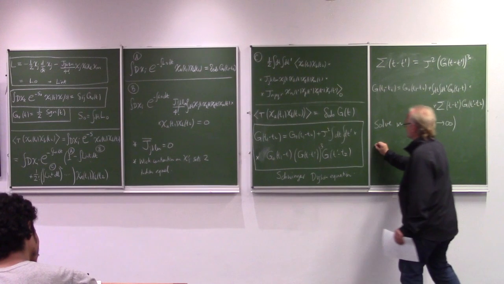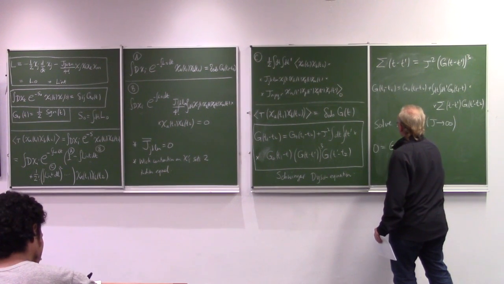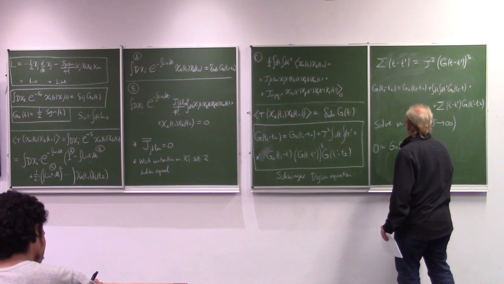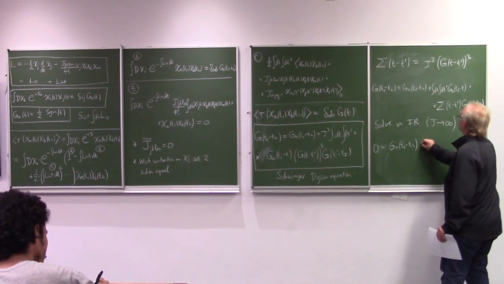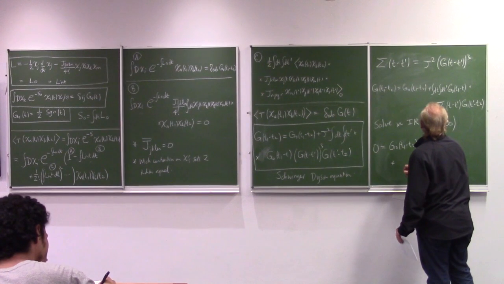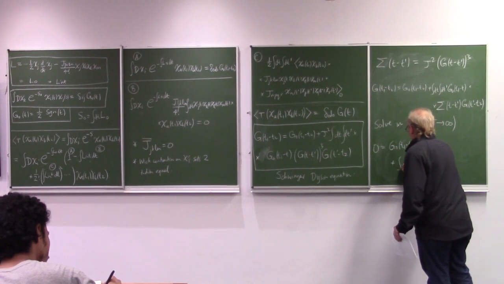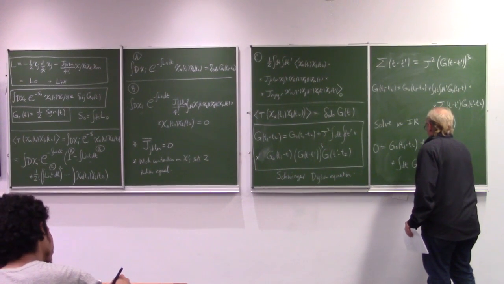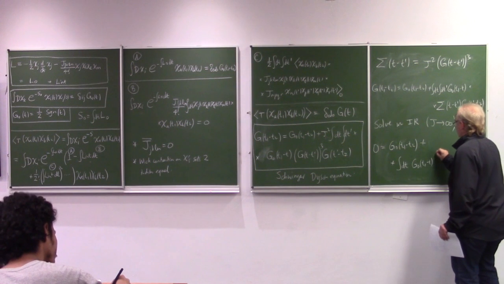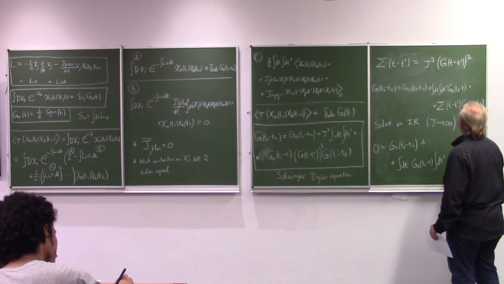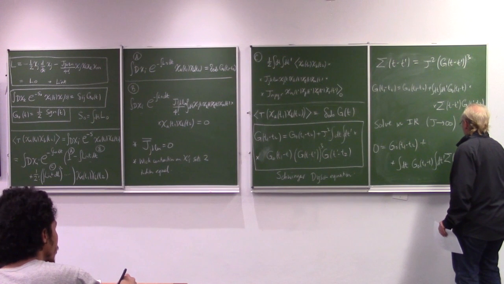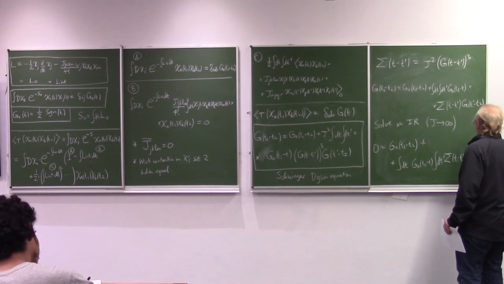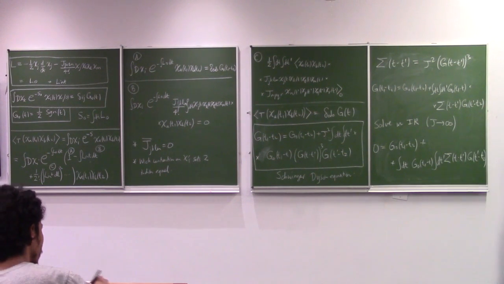So in the infrared limit, naught is equal to G naught of t1 minus t2 plus the integral dt G naught of t1 minus t, integral dt prime sigma of t minus t prime, G of t prime minus t2. That is now the equation that we want to solve.